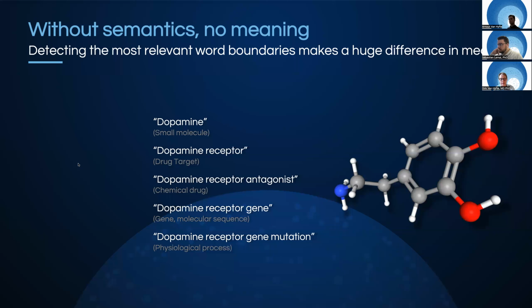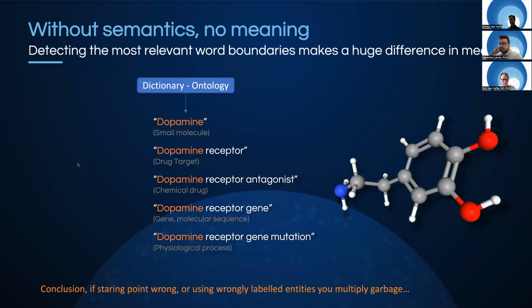But you also have word groups like dopamine receptor gene, that's a molecular sequence, or dopamine receptor gene mutation, that's a physical process. So you see that, especially in the area of life science and healthcare, where we try to understand the relation between certain drugs and receptors, it's really important to grasp these complex, meaningful word groups and to have a good understanding of them. The first step in trying to give meaning to these word groups is by using dictionaries or ontologies.